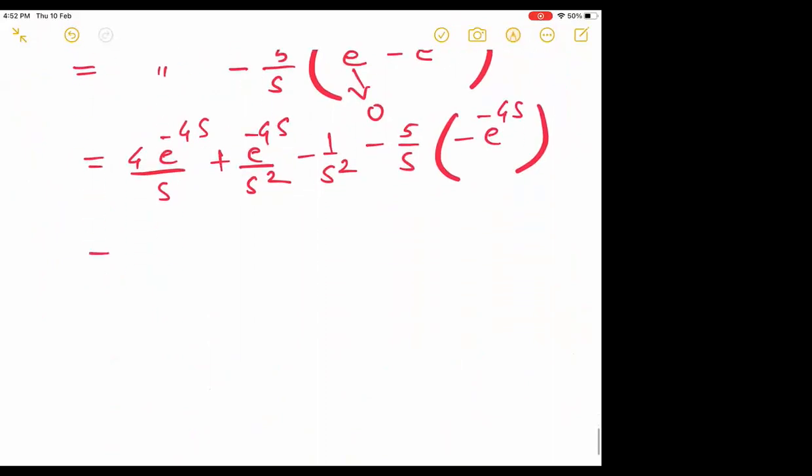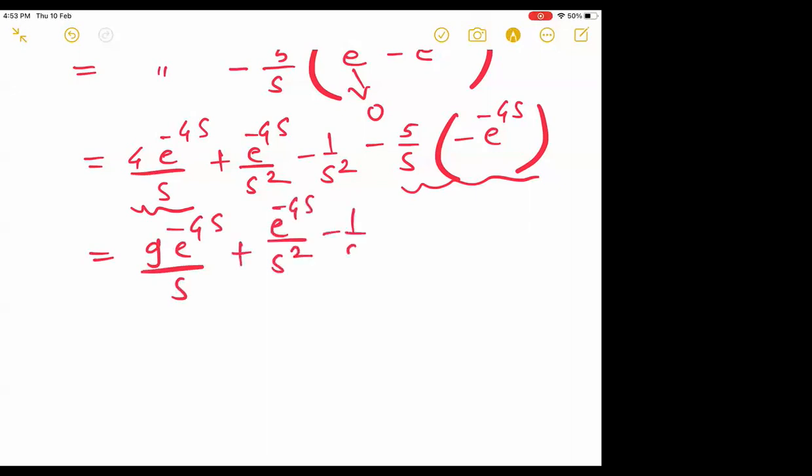So all together, this 5 e raised to minus 4s upon s and 4 e raised to minus 4s, and this last term we can club. Correct? 5 plus 4. So 9 e raised to minus 4s upon s plus e raised to minus 4s upon s square minus 1 upon s square. That's the value of the transform. So the answer f of s is this one.